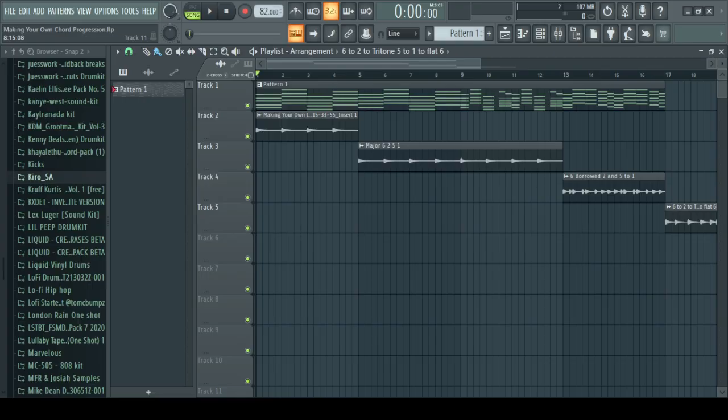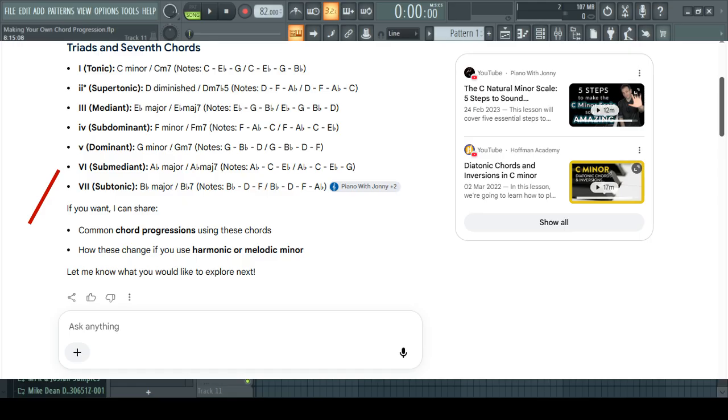So that's how the chord progression sounds before we make use of modal interchange. To make this chord progression a little bit unique, how about we borrow a chord from C minor natural, and the chord I am talking about is the 6th chord. The 6th chord in C minor natural is a major chord.